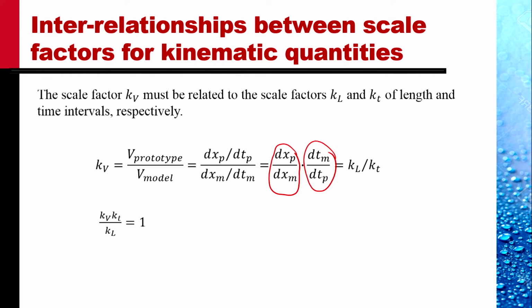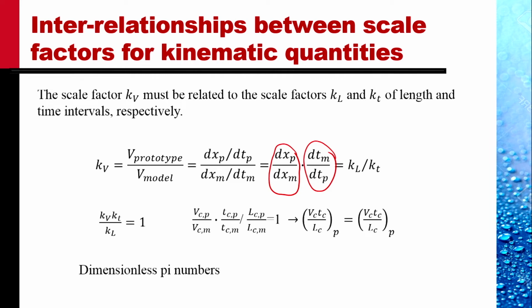Kv into KT divided by KL is equal to 1. Now, Kv is Vp by Vm, KT is Tp by Tm, divided by KL, which is Lp by Lm. And that should be 1.